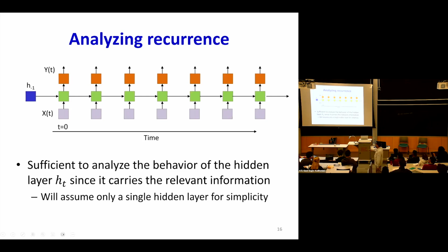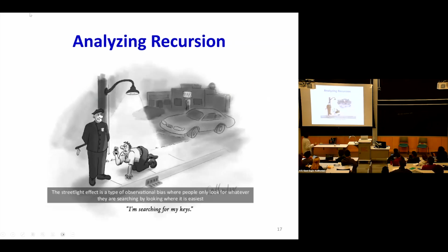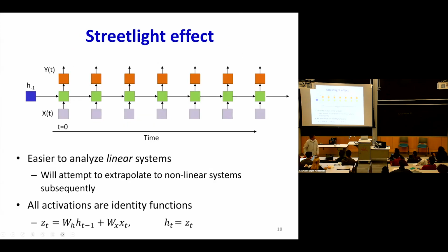And so you only need to analyze the behavior of the recurrent layer. Just for simplicity, I'm going to assume that there's only a single hidden recurrent layer that we need to analyze. And we're going to assume the linear activation because we know how to analyze linear activations. So this is the old streetlight effect, where you look for answers where you can see them, regardless of where the problem lies, right? So let's go back and look at how this thing behaves.